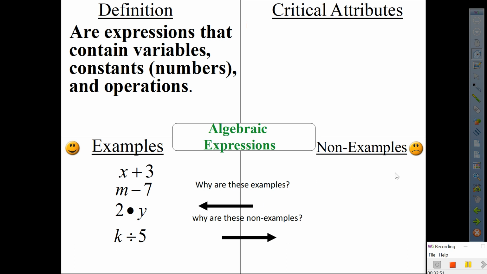We have x plus 3 equals 10, y equals 3x minus 2, 2 times y greater than 12, and 2x greater than or equal to y minus 3. Talk it over with your neighbor, let them know why these are not algebraic expressions.